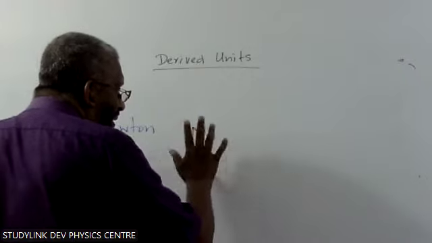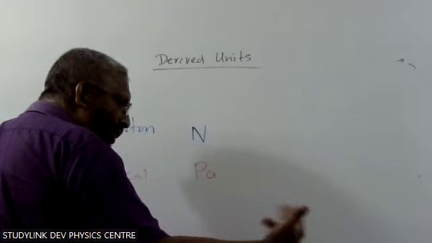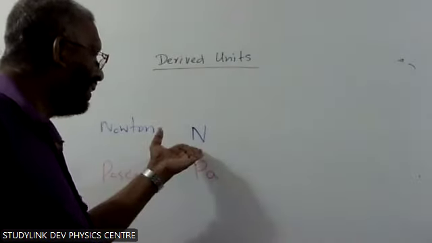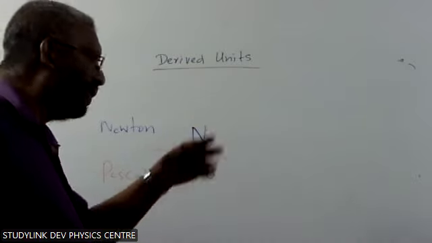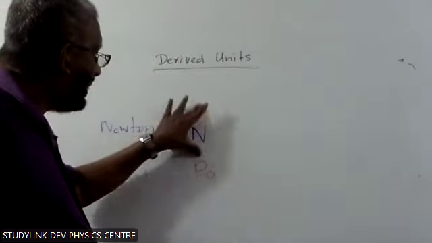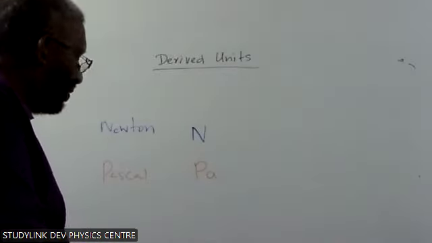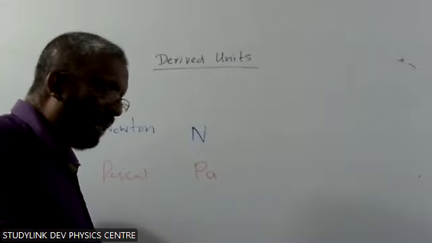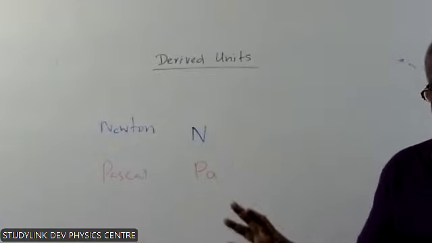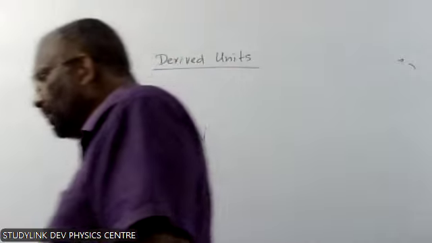Then we assign only N, because Ne is assigned to neon. So N is nitrogen, Ne is neon. We can't go for another one, so that is kept without changing. So remember, derived units always have a scientist name, which should be written according to the English name the way we write it. That is the method.